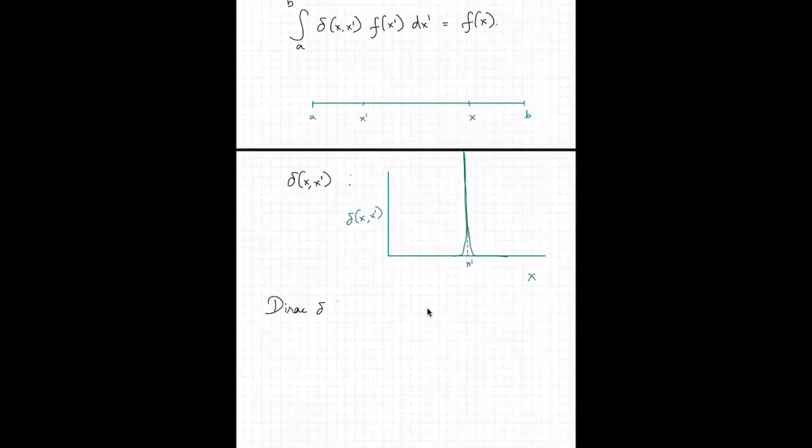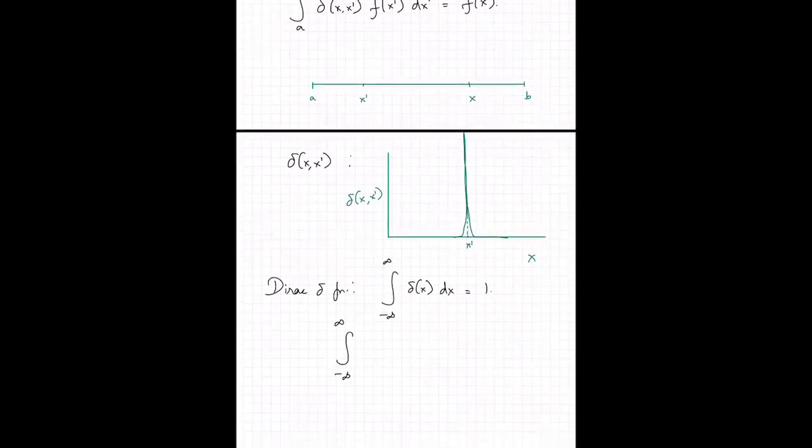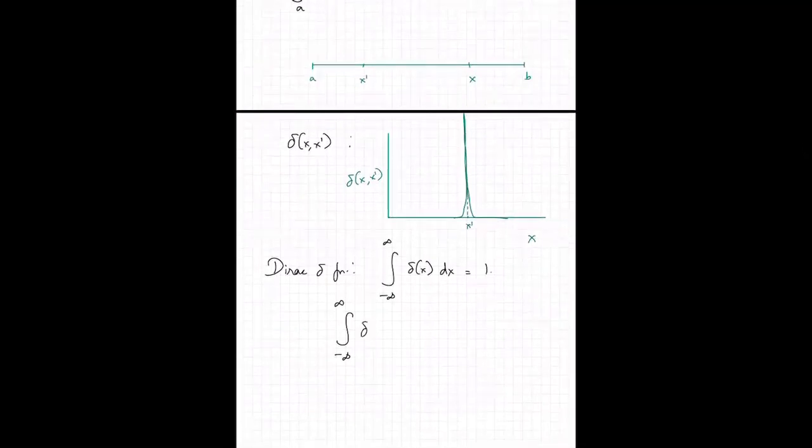The Dirac Delta function has the property that the area under the curve, if I go from minus infinity to infinity, of delta of x dx, is equal to 1. Okay, and it also serves as a very nice way to pick out components.